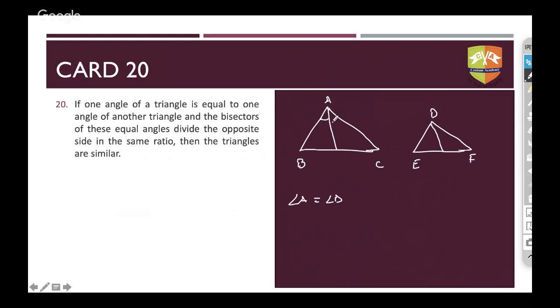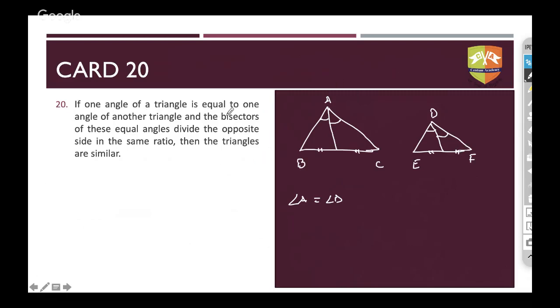So what does it mean? This angle is equal to this angle. This angle is equal to this angle. Bisectors of these equal angles divide the opposite side in the same ratio. So it's nothing but the converse of our internal bisector theorem.